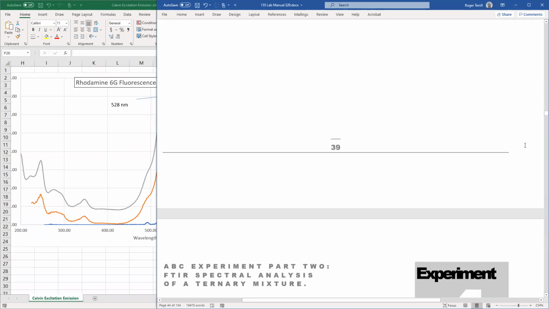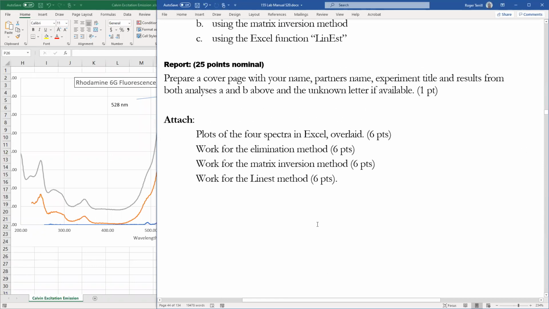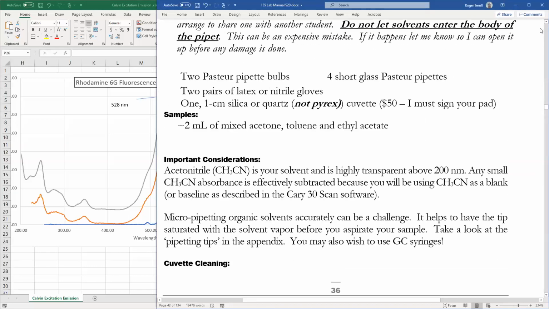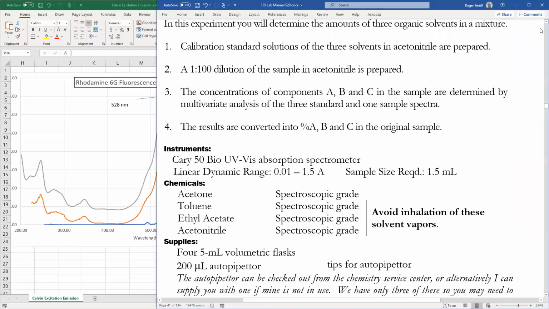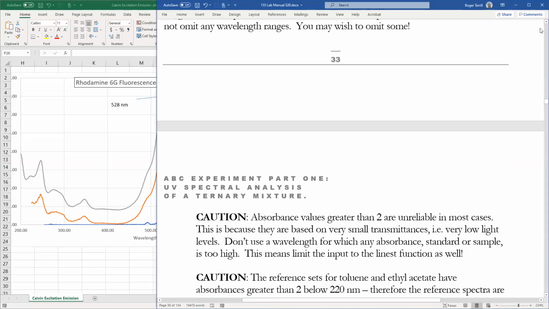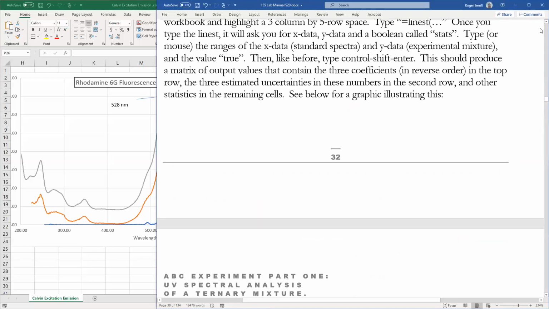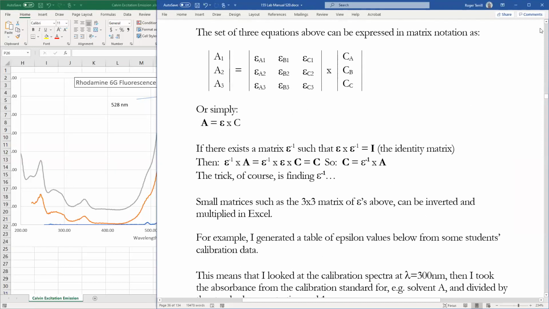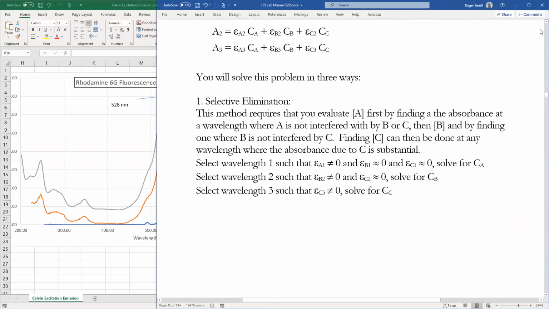So what I can write in here. So let's see. Here we go. Okay.